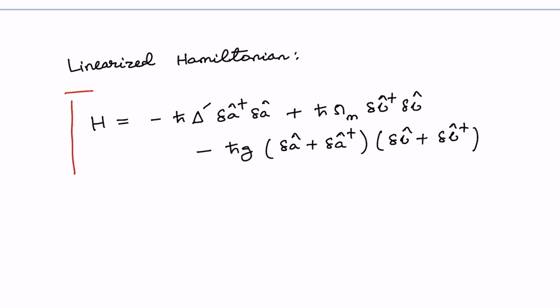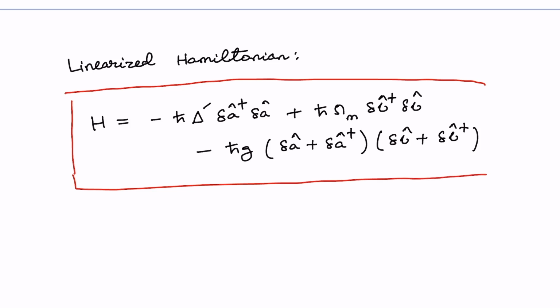Then this is the linearized Hamiltonian, and we are going to discuss it in the next class. Let me stop here for today. In this lecture, we have discussed the optomechanical Hamiltonian in somewhat great detail, and we have learned how to linearize it.